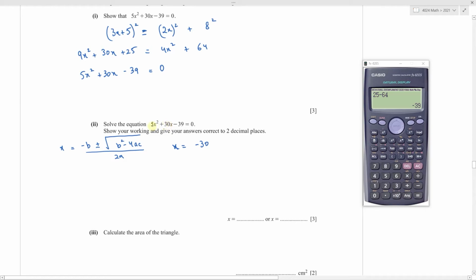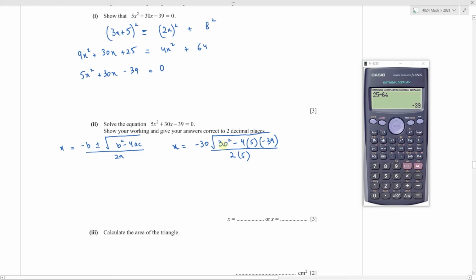This is b, this is a, and this is c. Square root of b square, which is 30 square, minus 4 times 5, which is a, and c is minus 39, over 2 times a, which is 5.